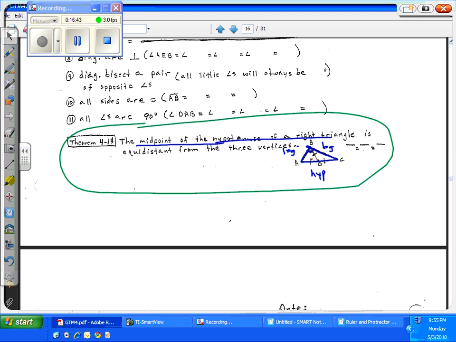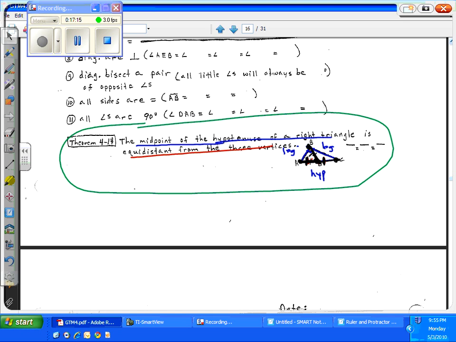This little theorem says that the midpoint of the hypotenuse of a right triangle is equidistant from the three vertices of the triangle.